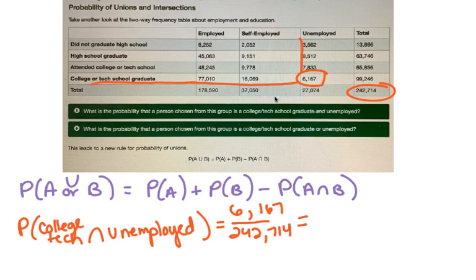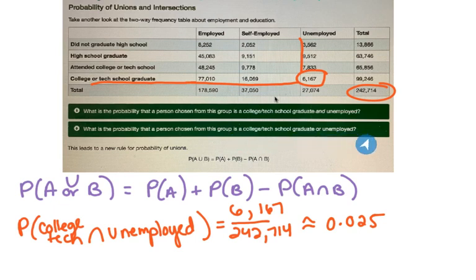So 6,167 divided by 242,714. And I get approximately 0.025.